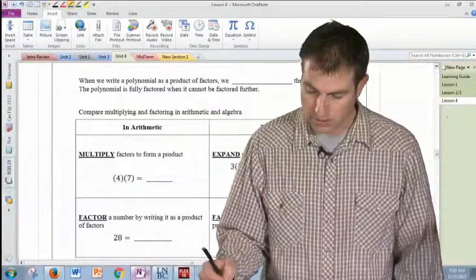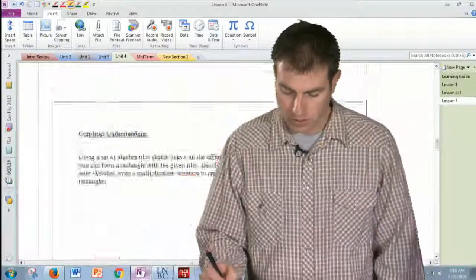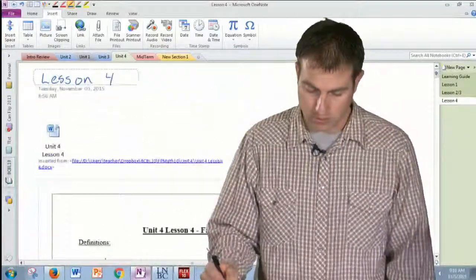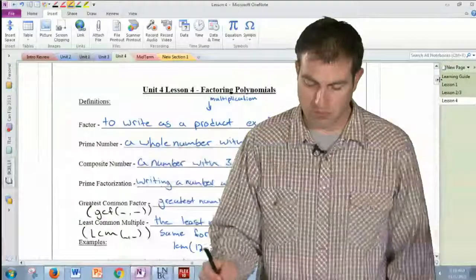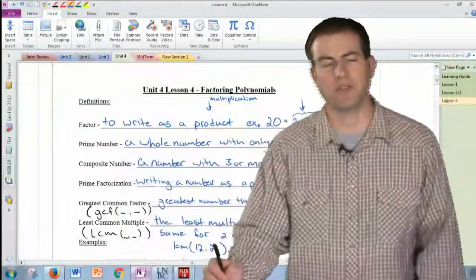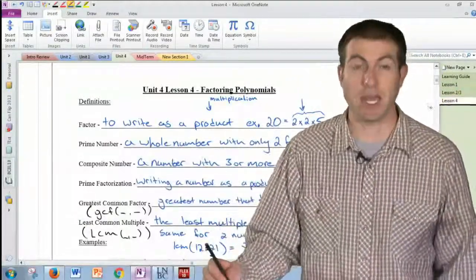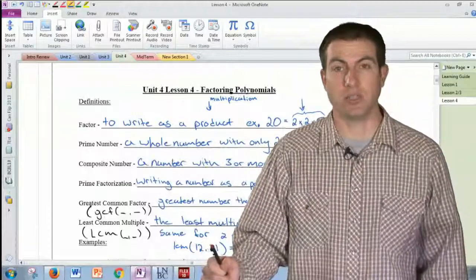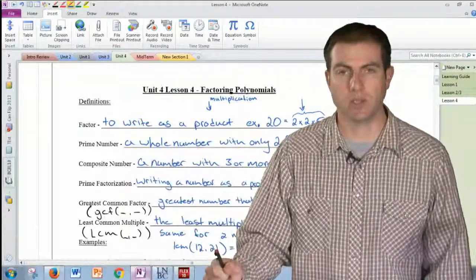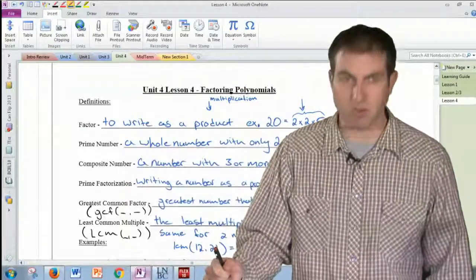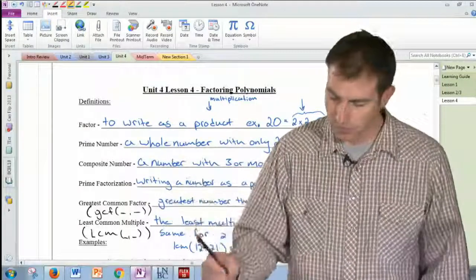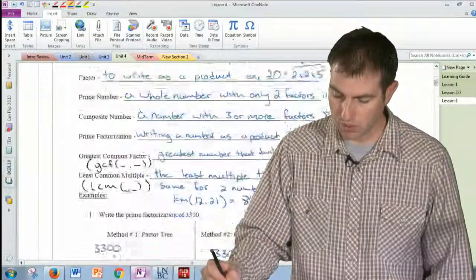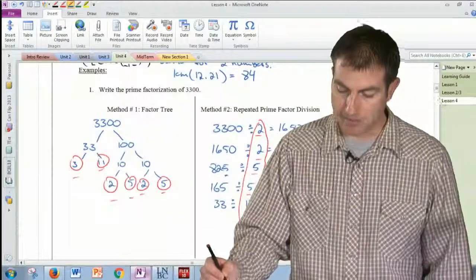Unit 4, Lesson 4, it was a bit of a long one, factoring polynomials. We talked about what factoring meant and prime factorization. We discussed all these vocabulary terms, and we'll talk about some of them today, but nothing super important there that you wouldn't otherwise know.